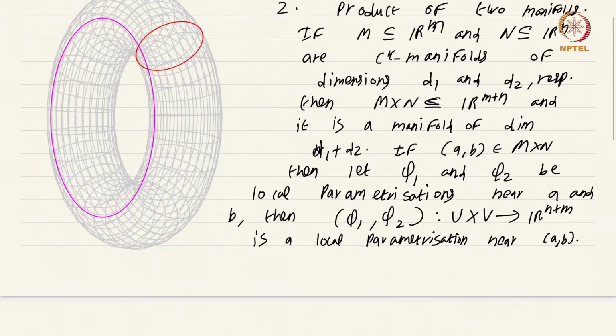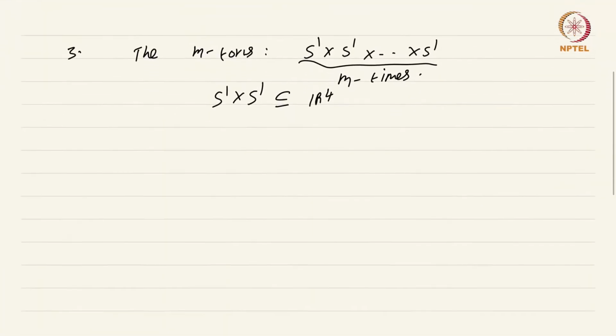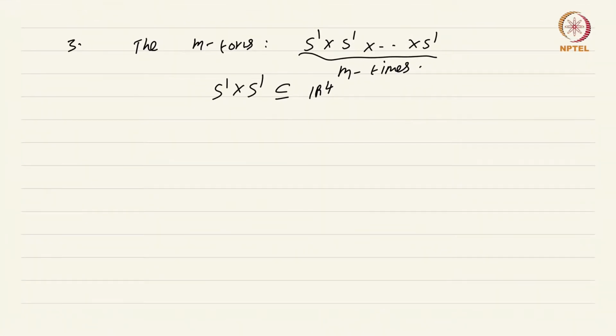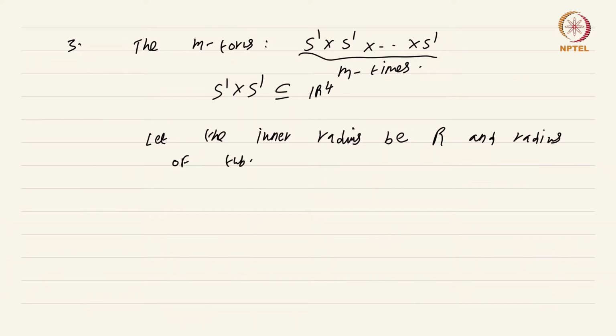So how do you check that this tube-like object is a manifold? Well, we can parameterize it. So there are two radii involved. Let the inner radius be capital R, and the radius of the tube be small r, and small r is strictly less than capital R, otherwise things will go bad.